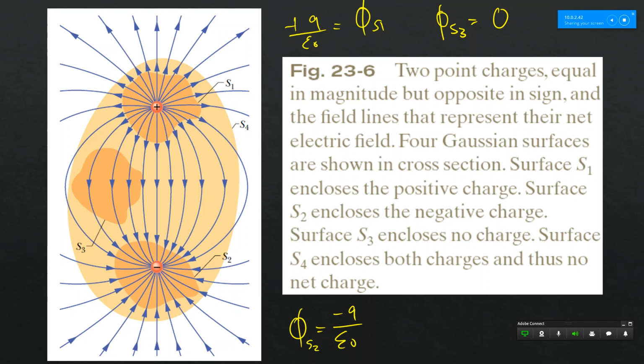It's plus Q minus Q, zero. So the flux of S4, even though it has charges in it, is zero because the charges cancel each other out. Very good.